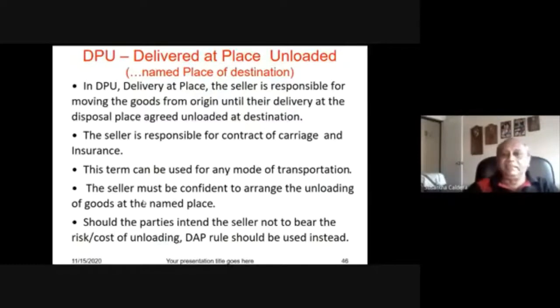Should the parties intend the seller not to bear the risk or cost of unloading, the DAP rule should be used instead. Very important point.